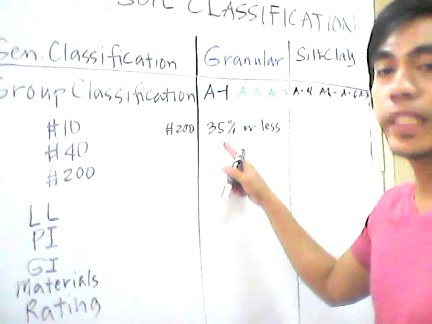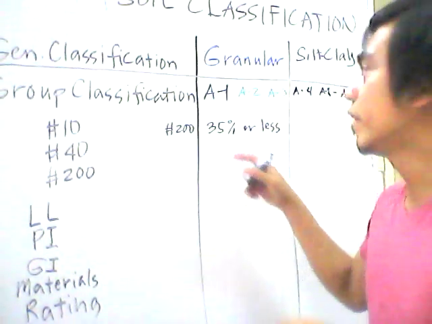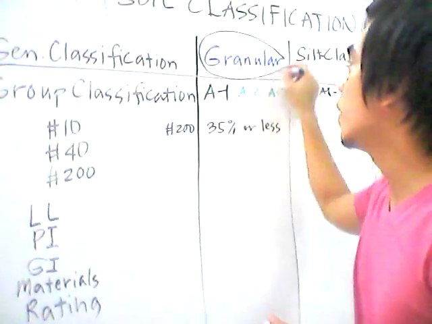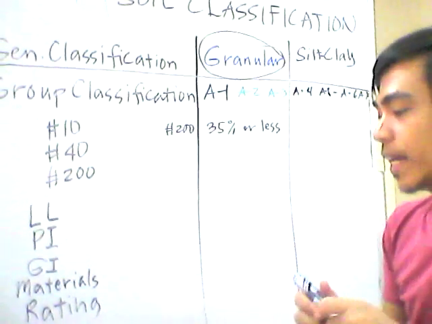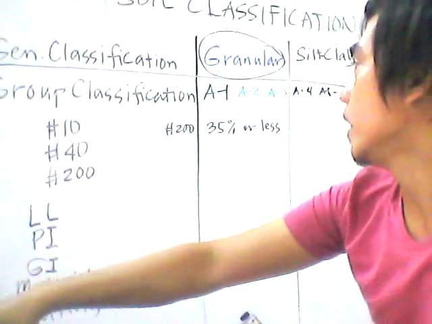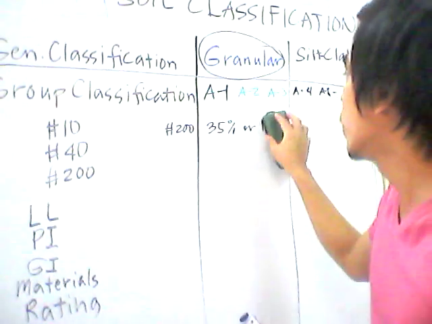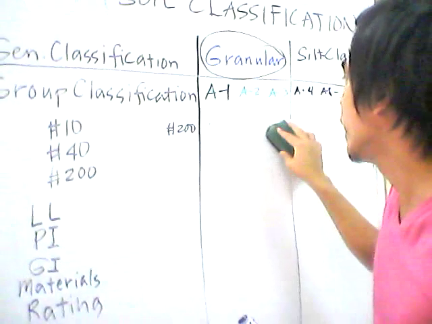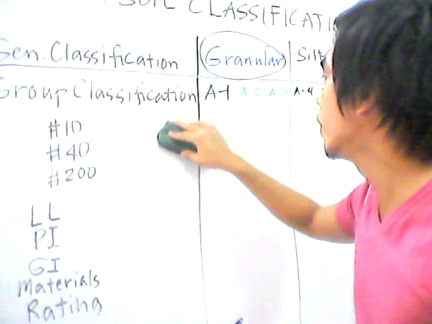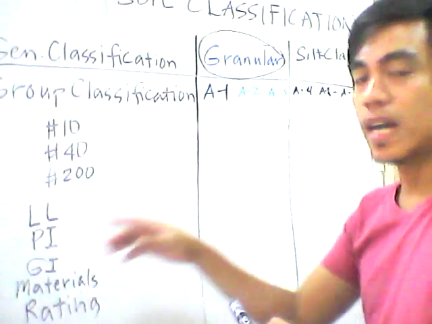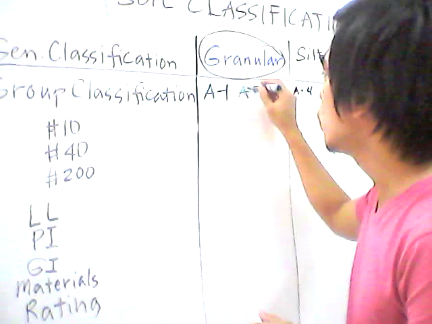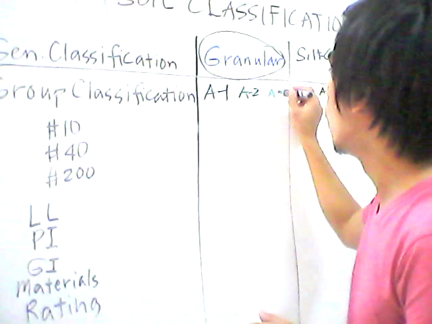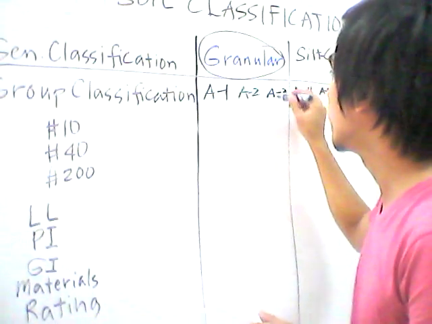If it is 35% or less, therefore it is a granular material. So, next is we are going to know if the soil sample is under A-1, A-2, or A-3.